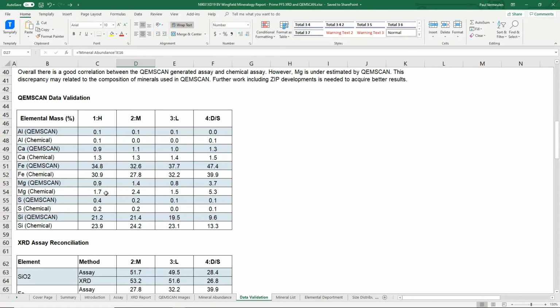Magnesium 1 to 1.7%, slightly off. Silicon 21 versus 24%, slightly off, but not bad.